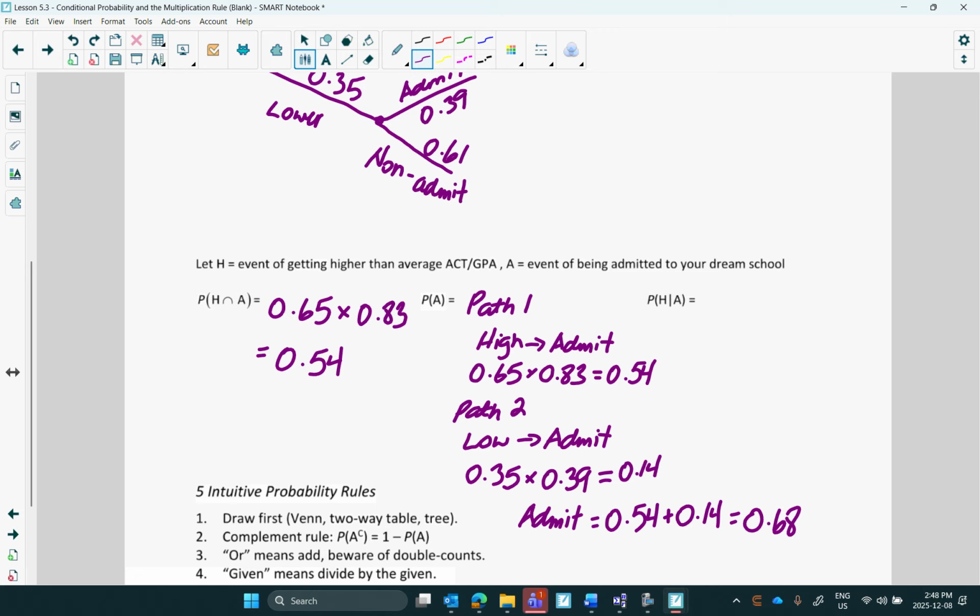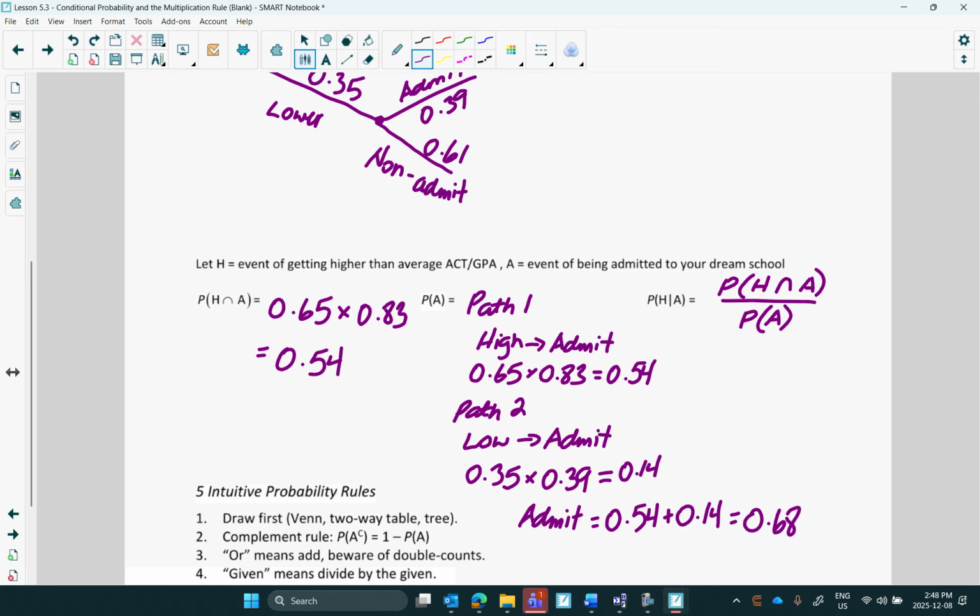What's the probability of having a higher than average GPA and ACT given that you've been admitted? Well, that would be the probability of both of them happening together, according to the formula, over the probability of the second one happening.